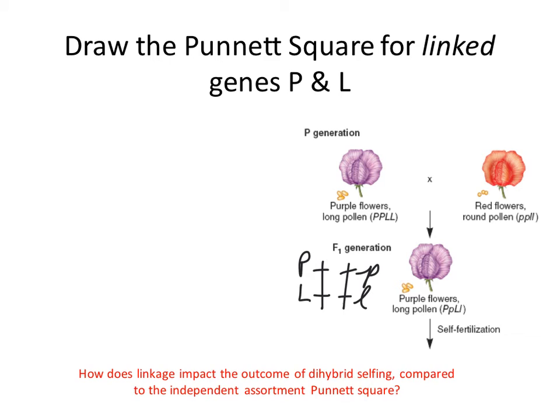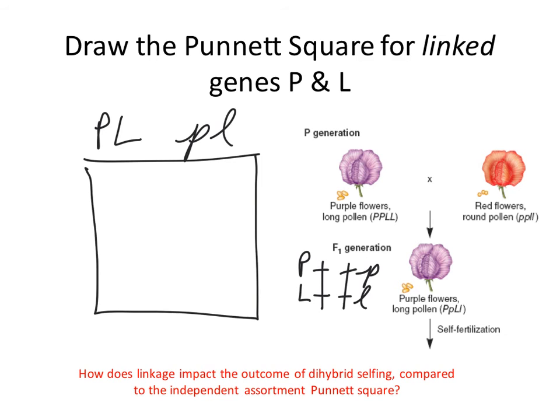You told me which gametes this individual produces. It's either going to be big P, big L, or it's going to be little p, little l. And if you self that individual, like crossing it to itself, that individual only makes 2 types of gametes. Big P with big L, little p with little l. It's way easier than a 4x4 Punnett square. This is what linkage does.